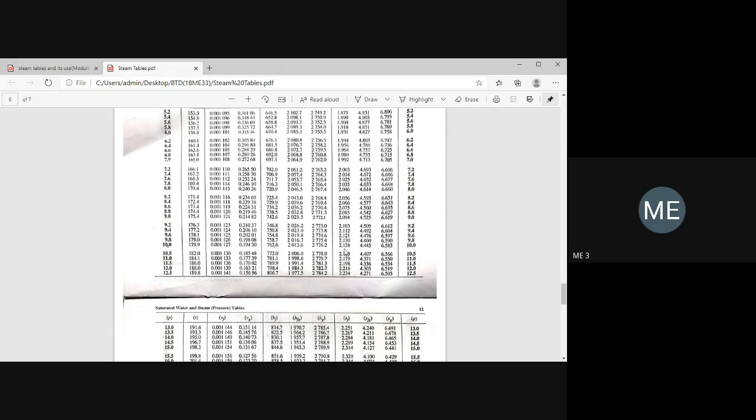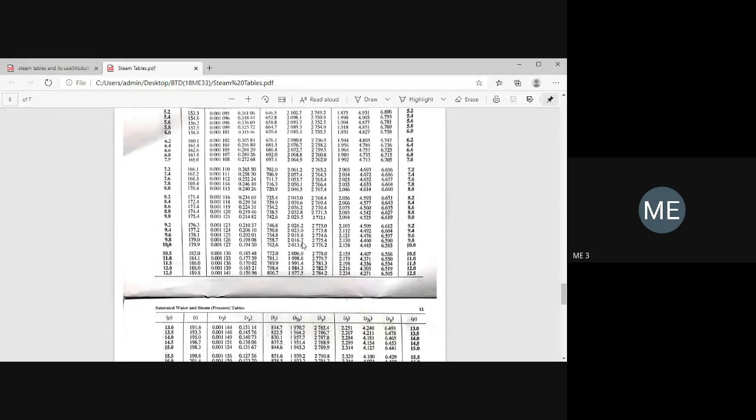What is the unit of entropy? Anybody? Already you studied entropy. What is the unit of entropy? Sir, kilojoule per kg Kelvin. Kilojoules per kg Kelvin.